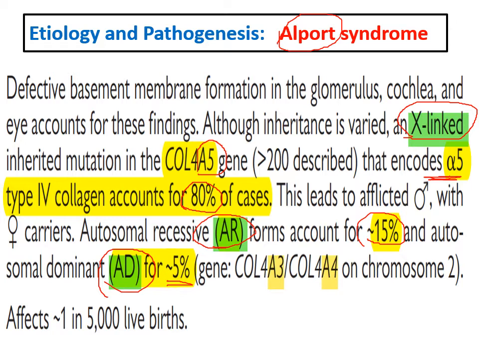While in the autosomal recessive and autosomal dominant forms, the mutation is in the alpha 3 and alpha 4 chains, on chromosome 2. This is a very important slide.